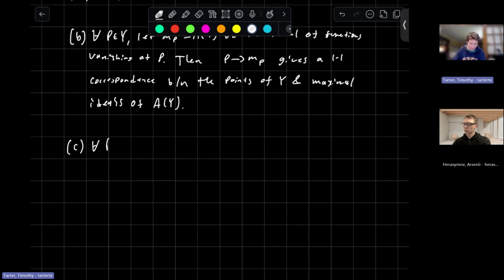And then for every point P in Y, the ring of regular functions localized at P is isomorphic to A(Y) localized at MP. So again, this is where we mean mod out by MP.